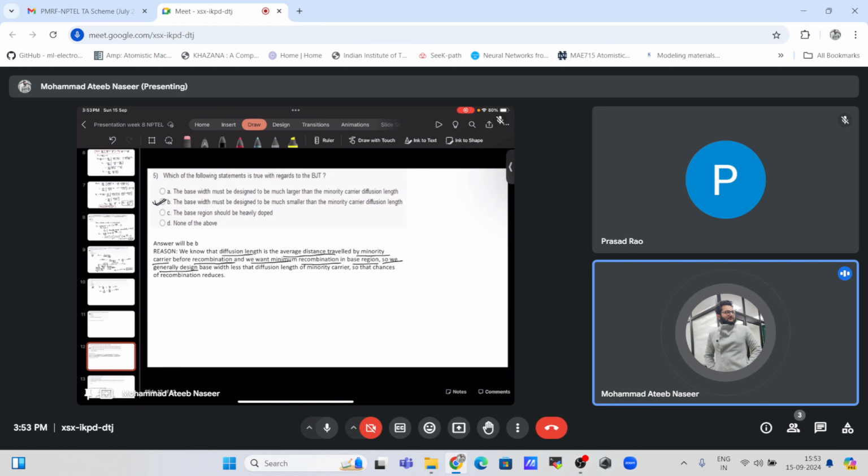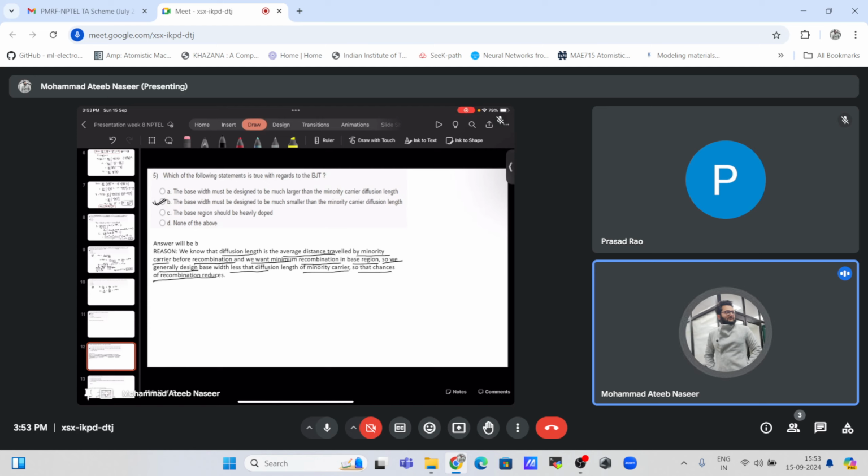So we generally design the base width such that it is less than the diffusion length of the minority carriers, so the chances of recombination are reduced. That's why we want the base width to be smaller than the minority carrier diffusion length. The minority carriers in the base will be the majority carriers of the emitter.